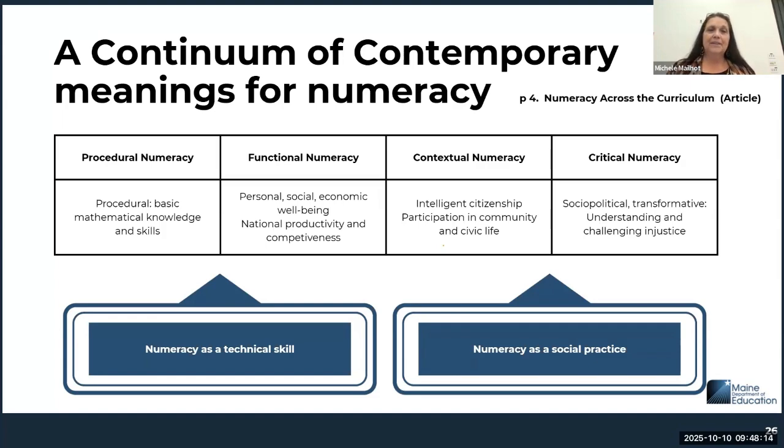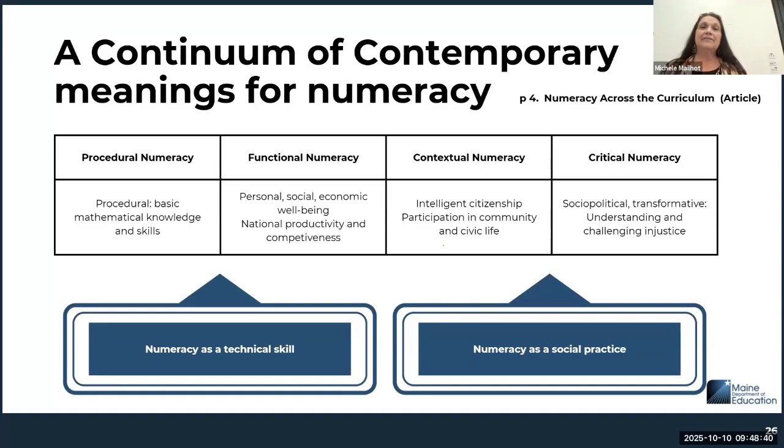Contextual numeracy is with an intelligent citizenship, participation in community and civic life, that I'm taking information and using it to help make decisions, to support my community, to make decisions in my everyday life. And then critical numeracy is social, political, transformative, understanding and challenging injustice.